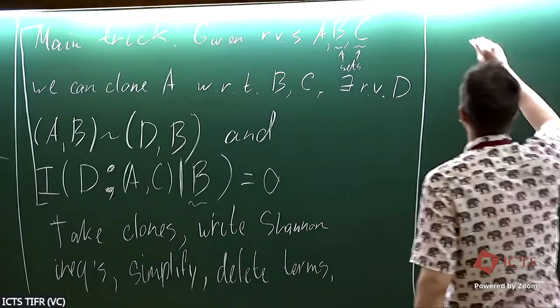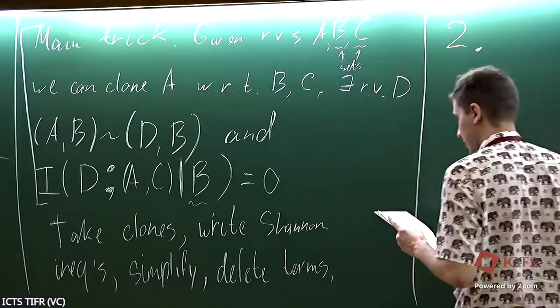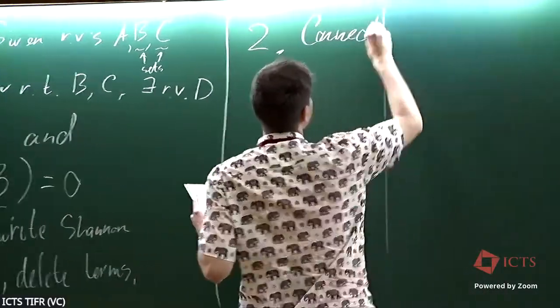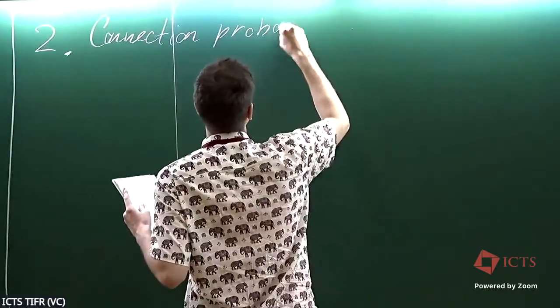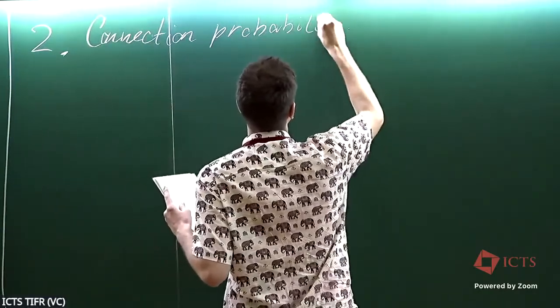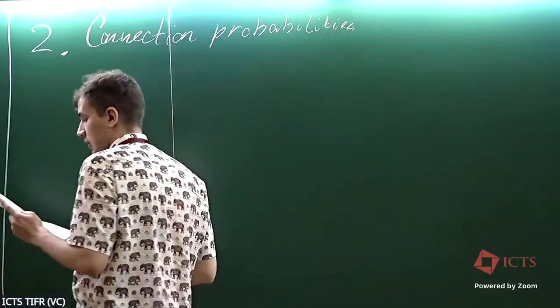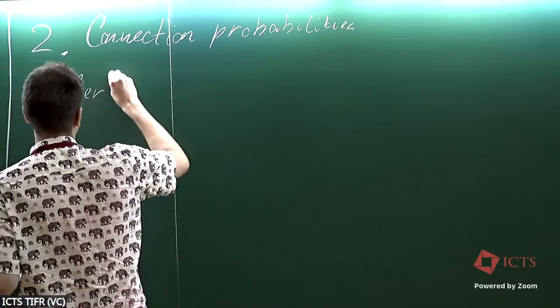Okay. Now let's go to part 2 of my talk. Okay, exactly mid-time. Let's look at connection probabilities in Bernoulli percolation. So I again have an underlying structure.